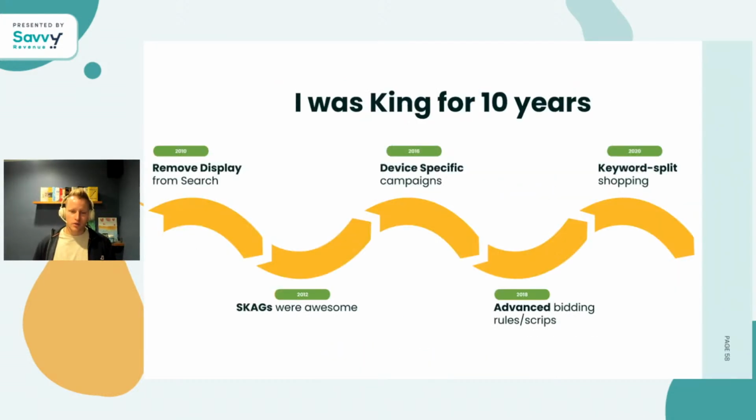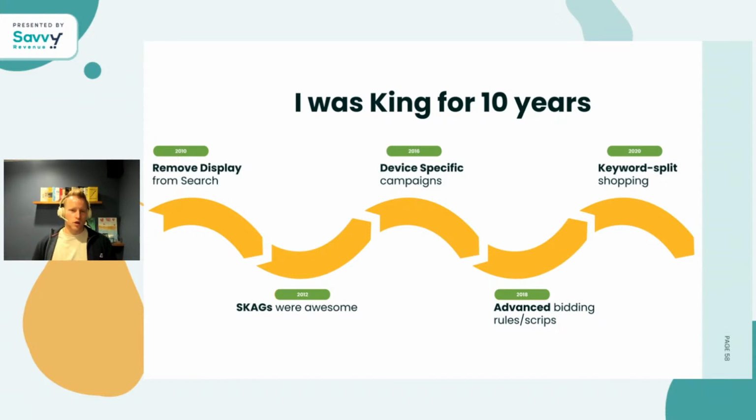And I was a king for 10 years. Back in 2010, when I started out, we would remove display from search because display was already part of search campaigns. And we would pretty much remove 25 to 50% of the spend that went to display ads that we would get no revenue from and would immediately improve performance.